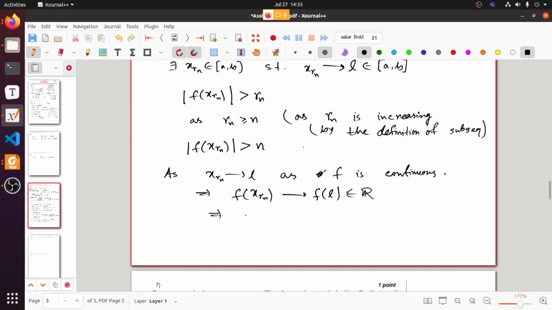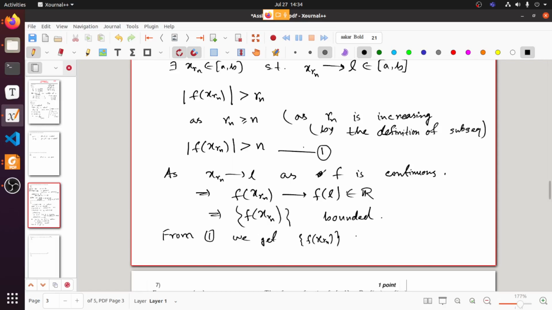A convergent sequence should be bounded, because every convergent sequence is bounded. But from 1, we get f of x_{r_n} is unbounded, which is a contradiction. So f should be bounded.